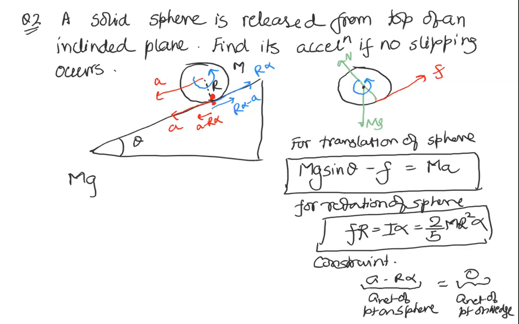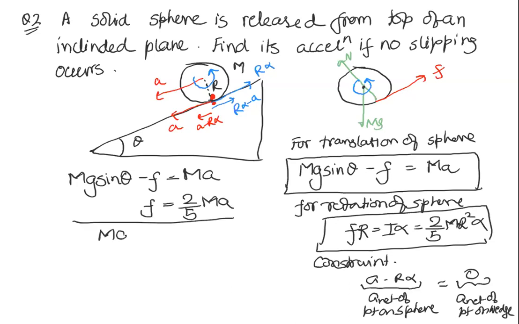So mg sine theta minus F is equal to ma. F is equal to 2 by 5 ma. Mg sine theta is equal to 7 by 5 ma. A is equal to 5g sine theta by 7.